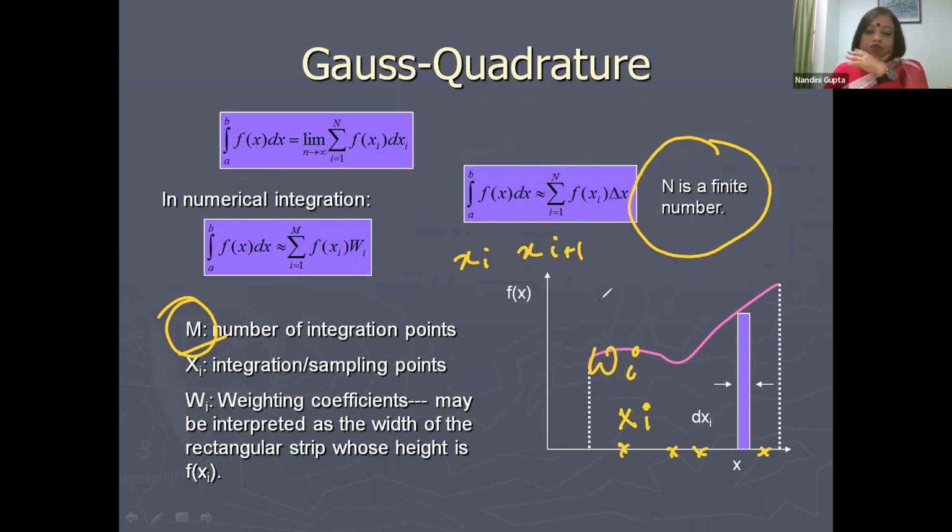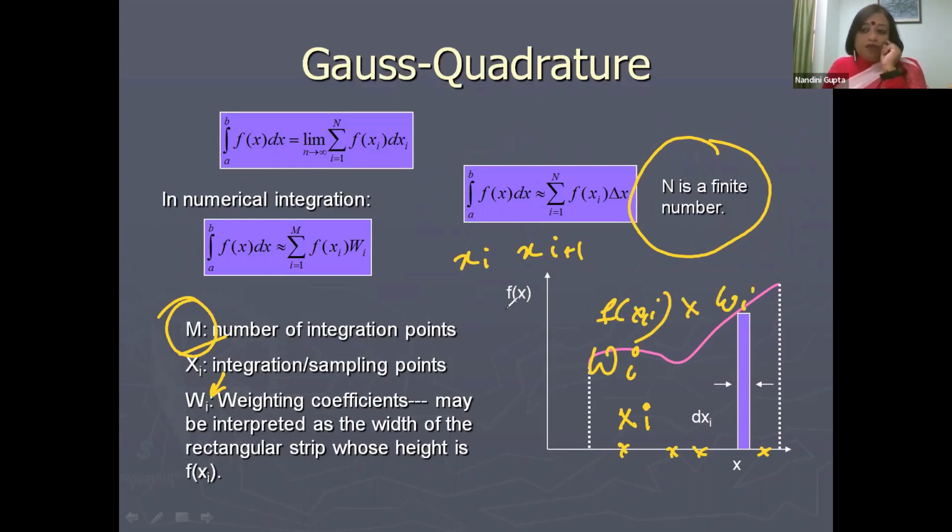But I'm not going to bother myself with the physical relevance of wi. It may be the thickness, but what I am going to remember is that at every xi, I'm going to sample the function f(xi), and every f(xi) has to be multiplied by a weighting coefficient.